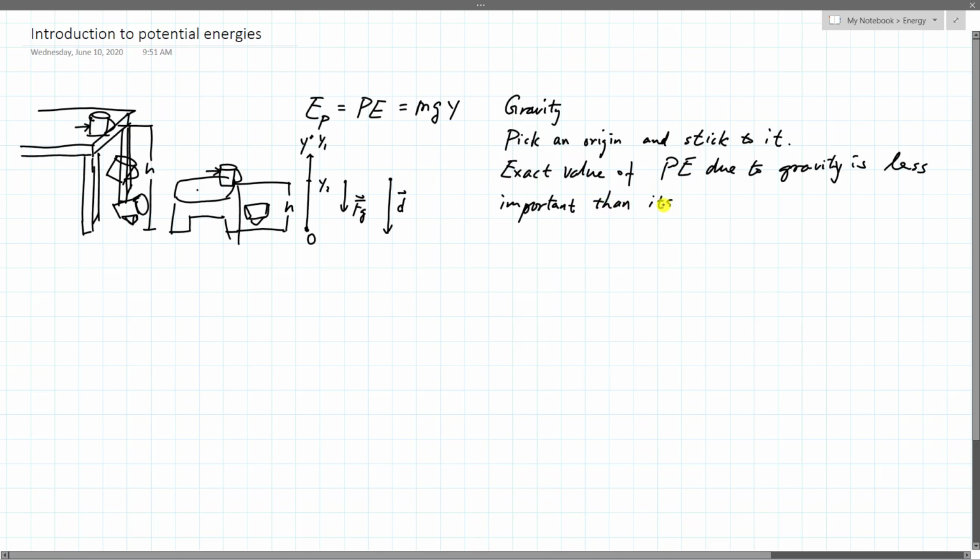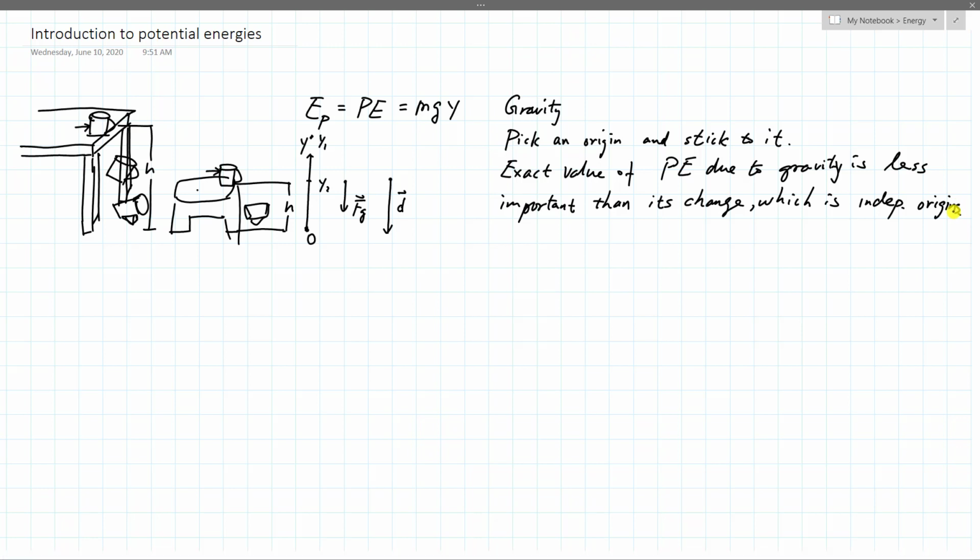Then its change, which is independent of origin, is. Whichever origin you choose, unless you somehow start pointing downward, that is not the choice of origin anymore, that also involves the choice of the axis. So this is the potential energy due to gravity.